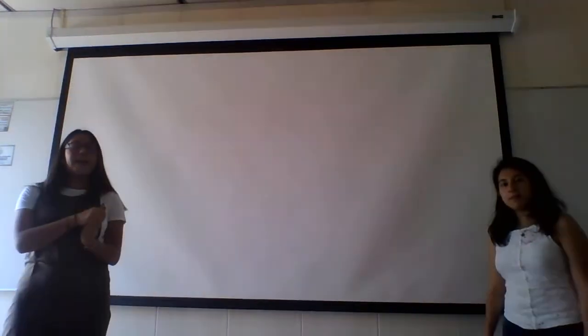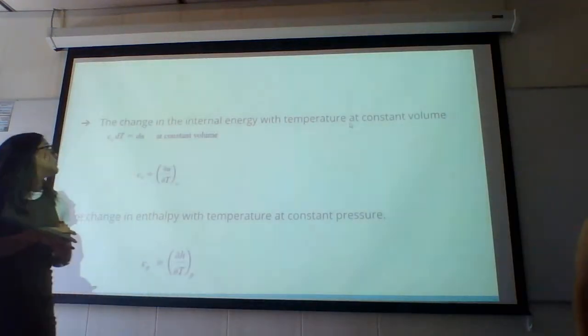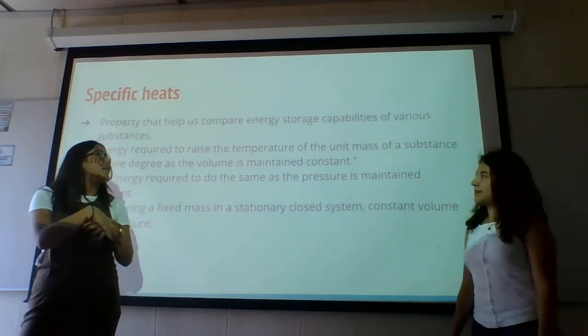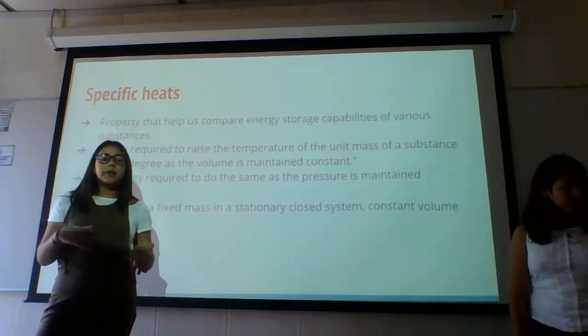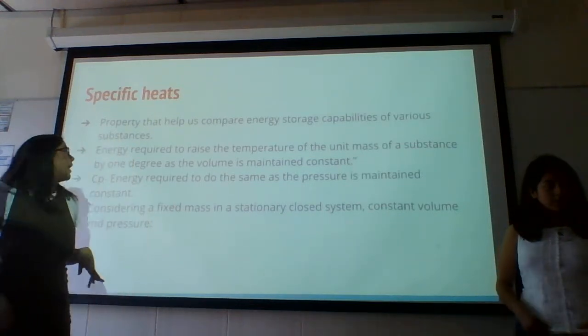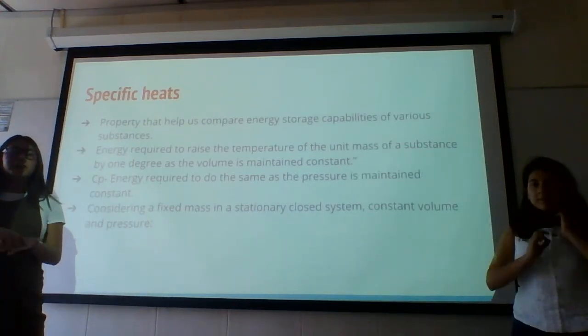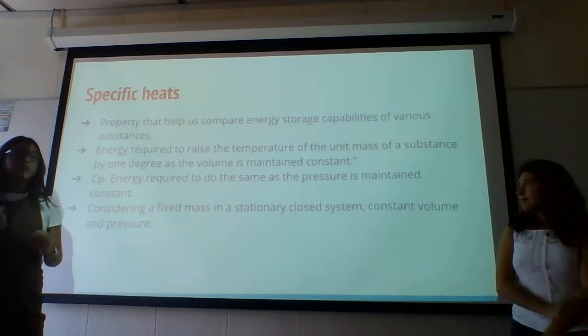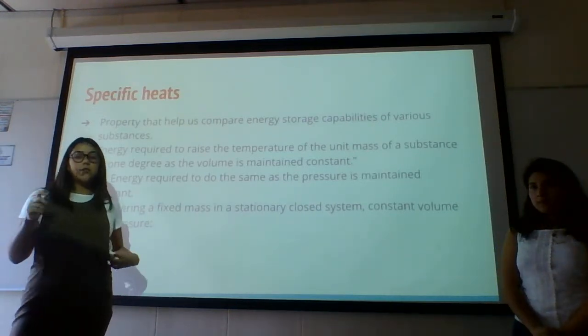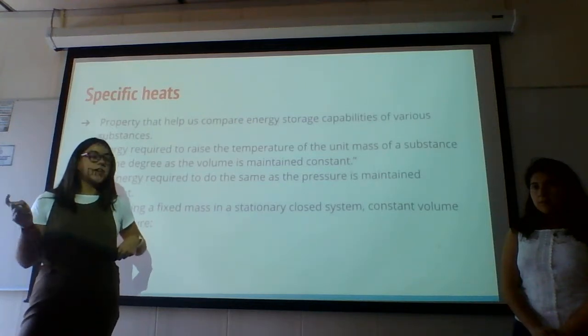Then we're going to talk about specific heats. Specific heat is a property that helps us compare energy storage capabilities of various substances, and it is the energy we require to raise the temperature 1 degree per unit mass of a substance whenever the pressure or the volume is maintained constant.